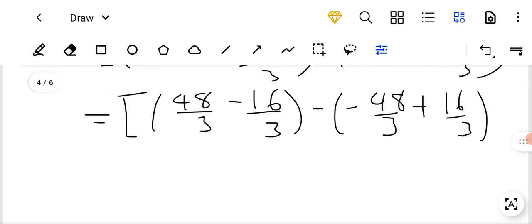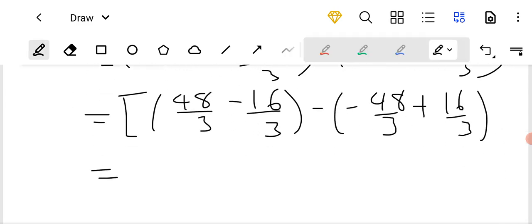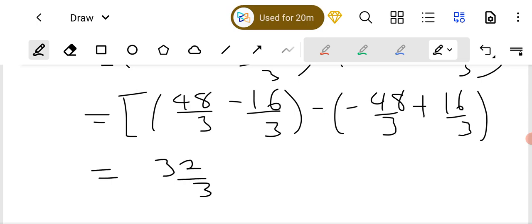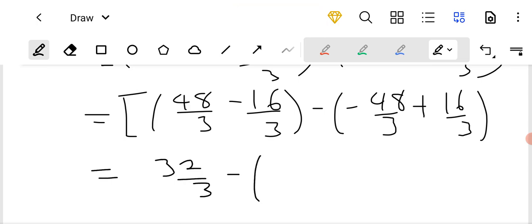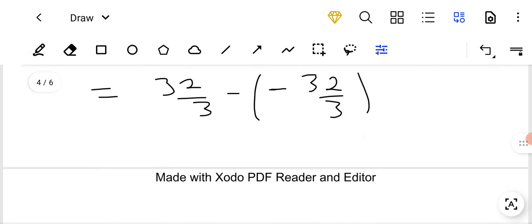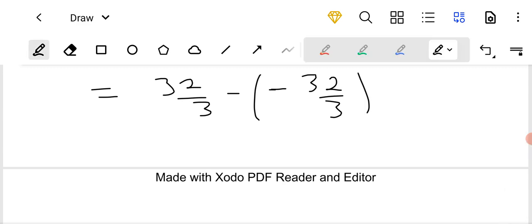We're going to have 48 minus 16, which gives you 32 over 3. Positive 32 over 3 minus, in this bracket, the same answer but negative 32 over 3. And as we can see, it gives us a normal answer, not the answer I found.